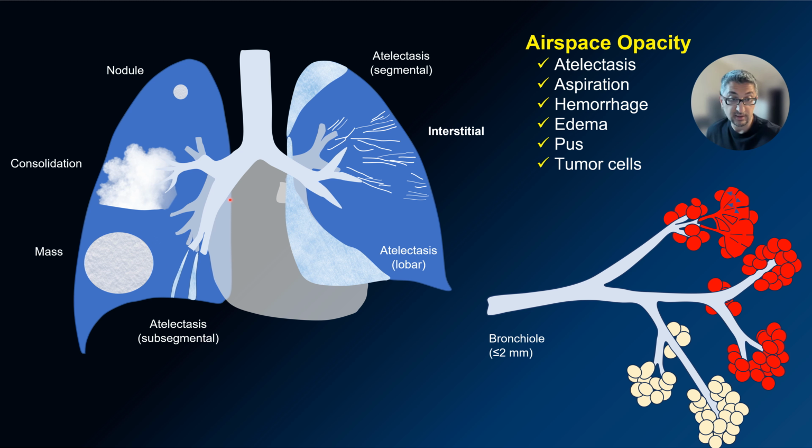And these atelectasies, which can be subsegmental, segmental, or lobar, are also radiopaque. So it is not always possible to differentiate between these opacities, and it's safer to describe them as airspace opacity in a report. And airspace opacity can be caused by atelectasis, aspiration, hemorrhage, edema, pus, or even tumor cells.